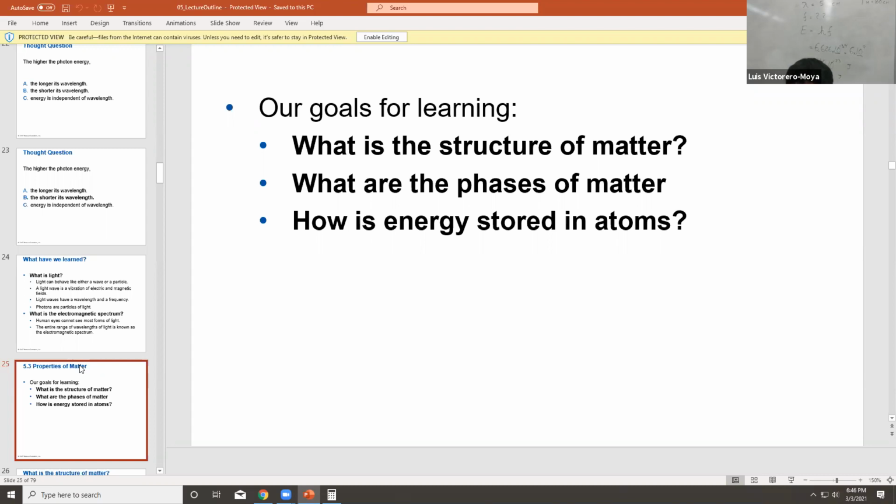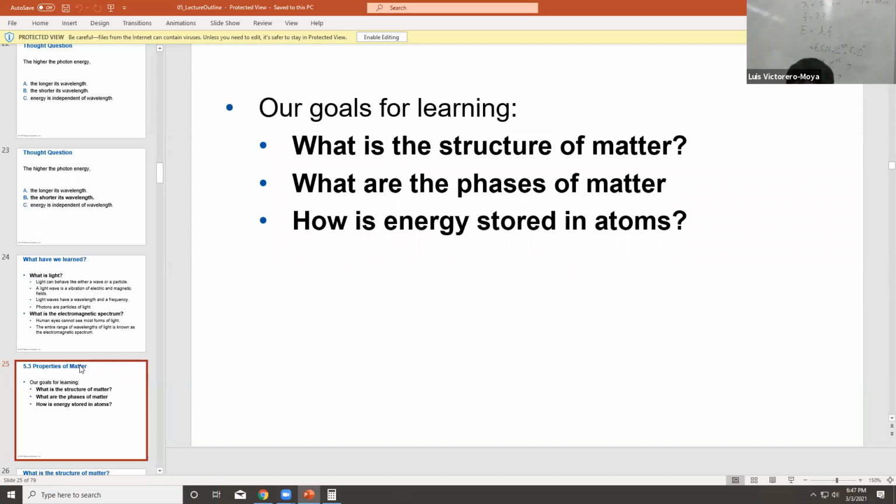Remember the Thomson, Rutherford model, the Bohr model? What did Bohr say in his model? That the nucleus of the atom is made of protons. It's positive. It's where most of the mass of the atom is stored. It's contained.